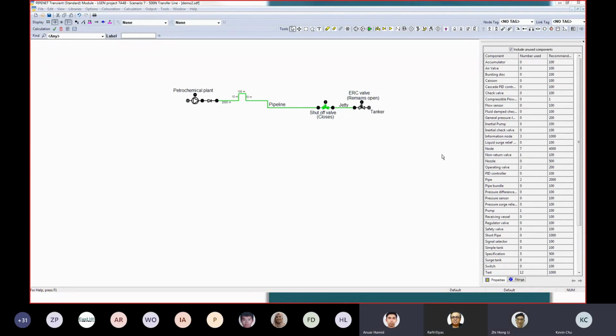But what happens is that Pipenet will allow you to get the value of force, because you are calculating the change in momentum, and for each point in your Pipenet model it provides an output file in terms of force, and you can use that as an input for other software, usually Caesar II.